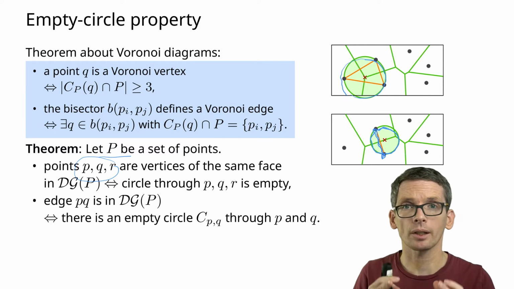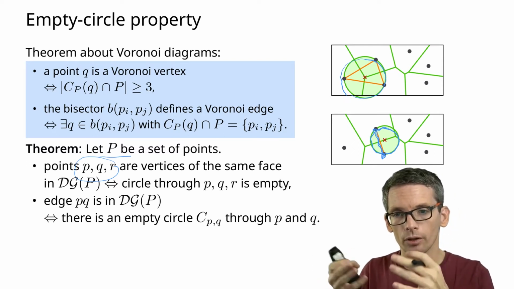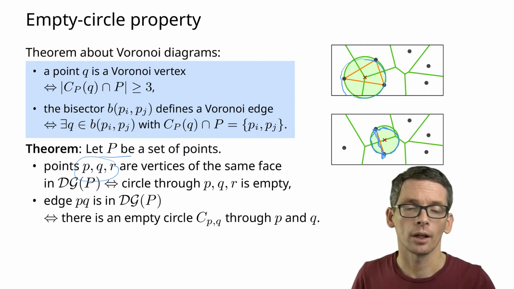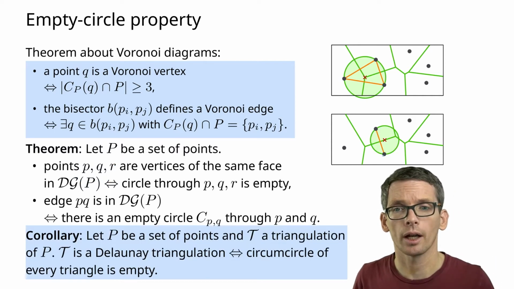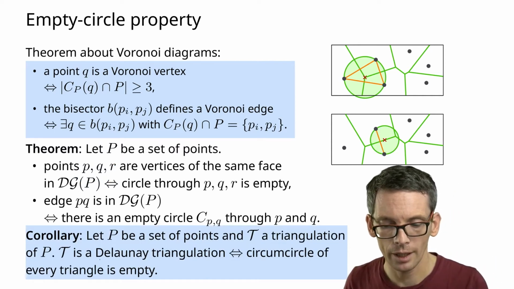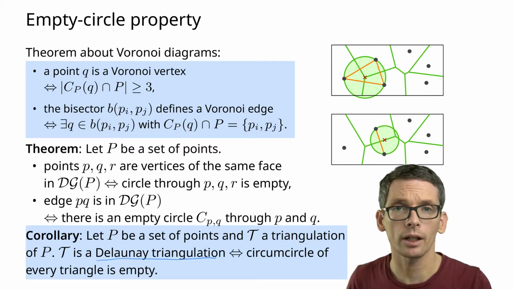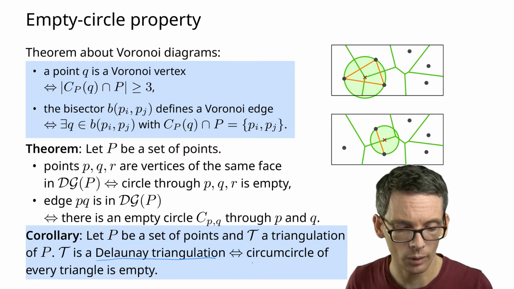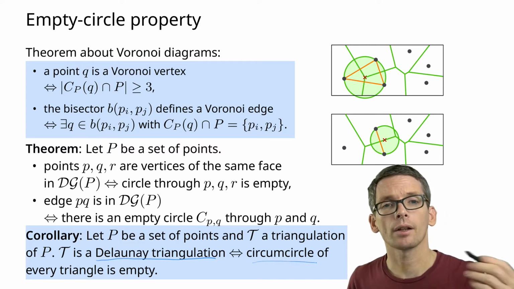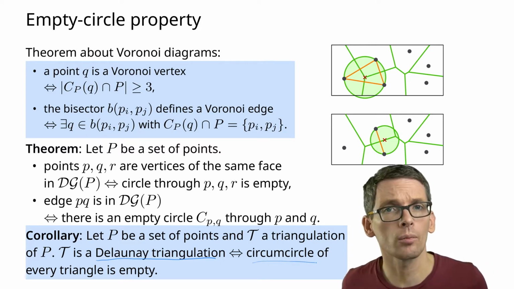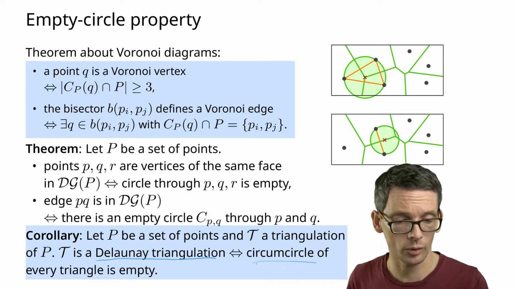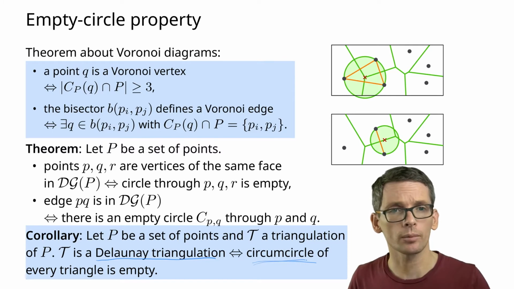So now we have characterized faces in the Delaunay triangulations, in particular the triangles, and Delaunay edges. A triangulation is a Delaunay triangulation if and only if for every triangle I can look at the circumcircle and there's no point inside. So now we know more about the structure of Delaunay triangulations, also how to recognize Delaunay triangulations, because we can simply look at these circumcircles.